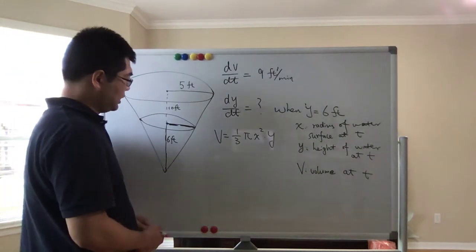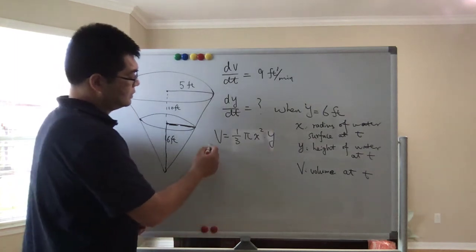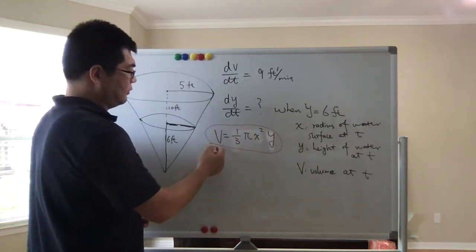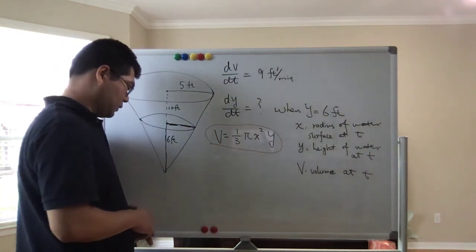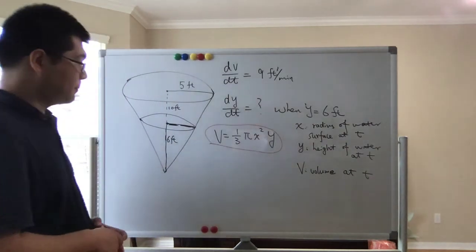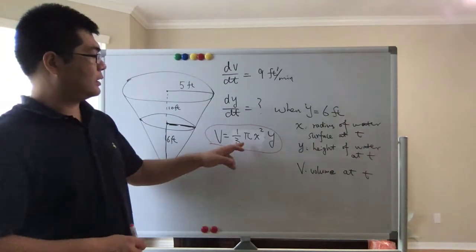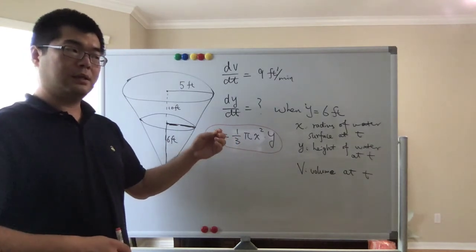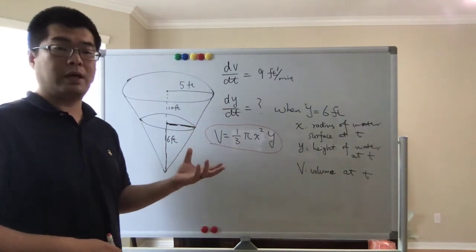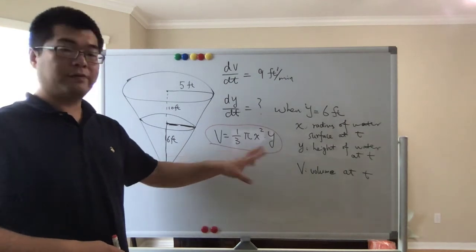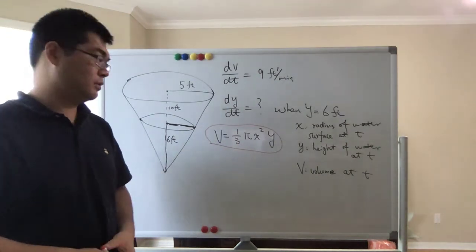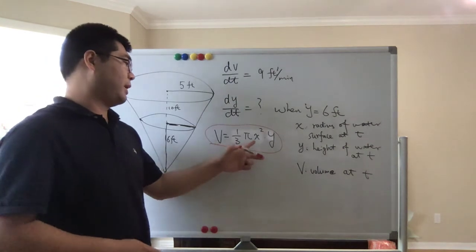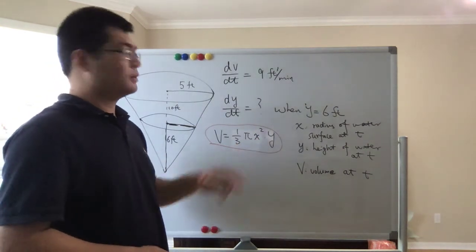Well, first of all, this is the volume of a cone, where x stands for the radius and y stands for the height, which is 1/3 pi x squared times y.